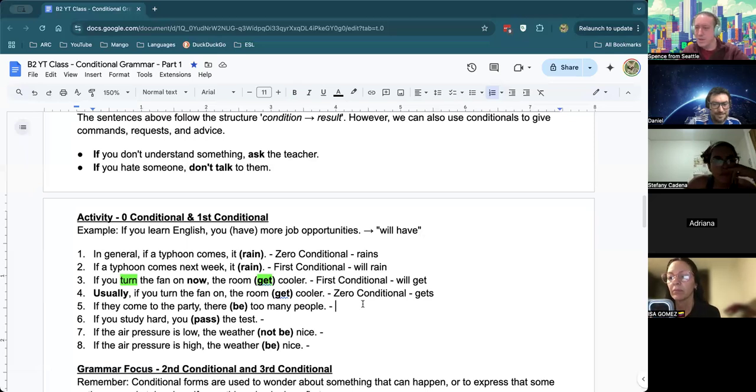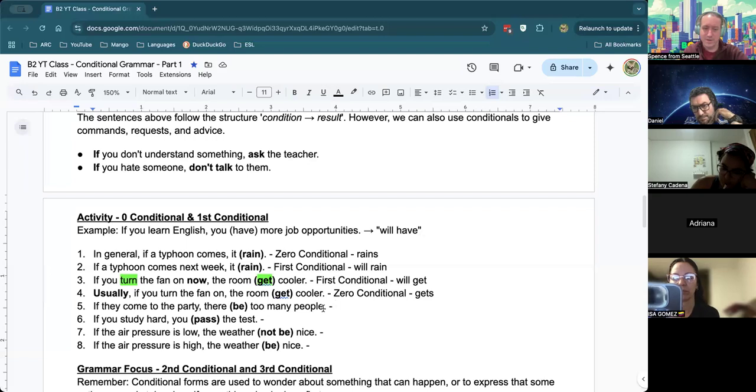Let's do 5 and 6. Adriana, number 5: If they come to the party, there will be too many people. Okay, so is this first conditional or zero conditional?